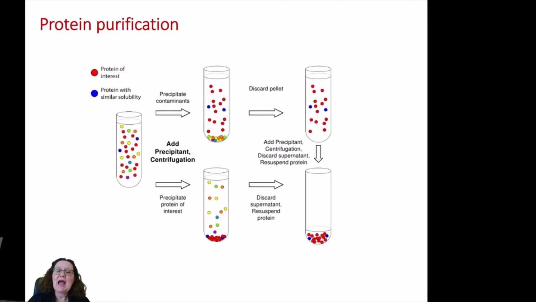You can then add a precipitant, typically ammonium sulfate, which will reduce the solubility of the protein in solution and precipitate your protein of interest. We typically talk about salting out a protein. So again, that's playing with the common ion effect and the process of precipitation and dissolution in order to purify our protein of interest.